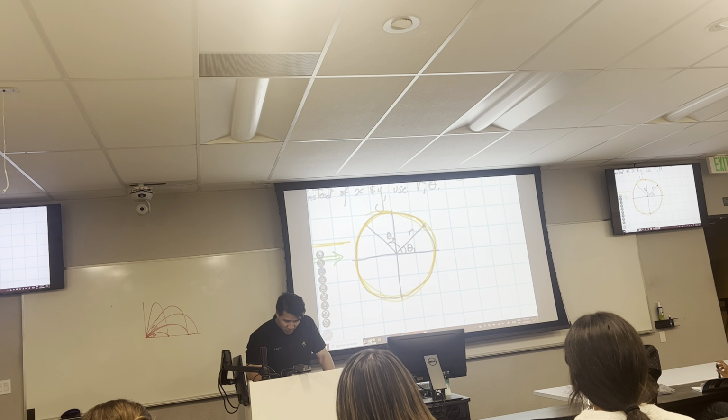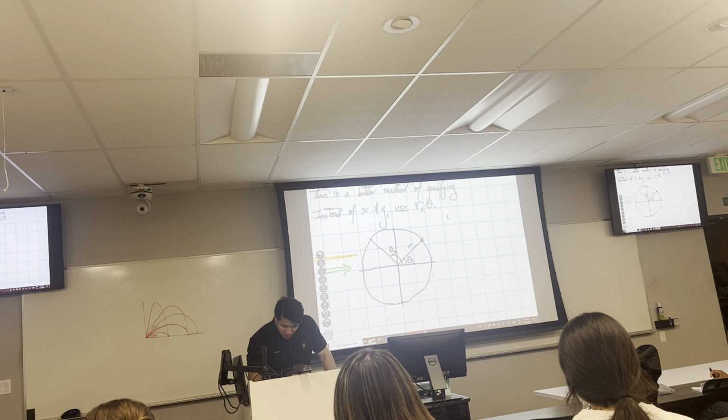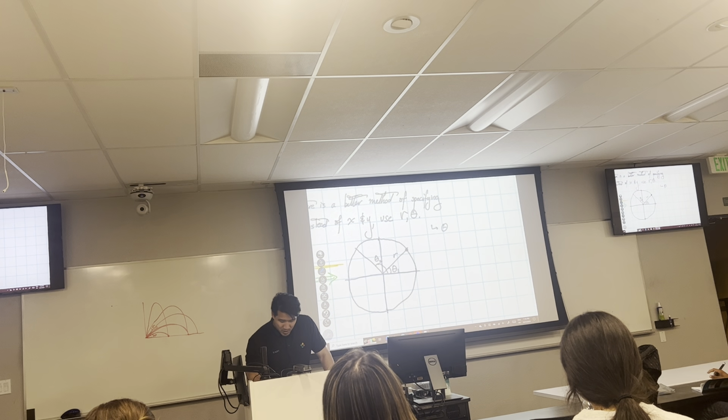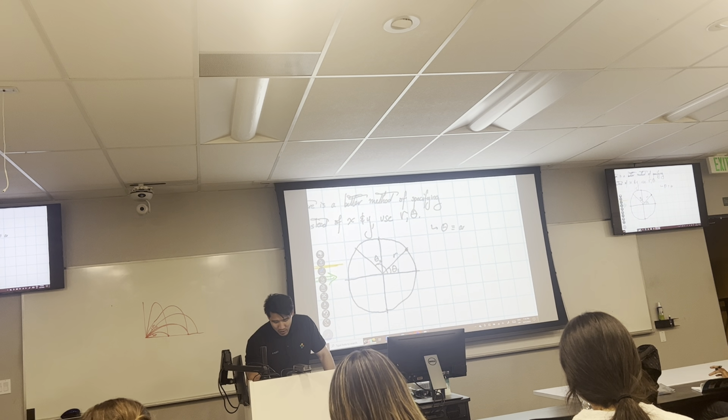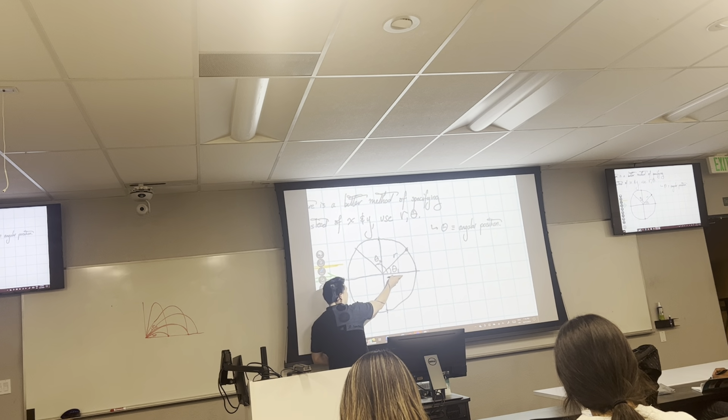Okay, that's a lot of drawing out there, so let me get rid of a few things. Here, theta is defined as the angular position. It's just where along this angle of a circle does it actually exist?